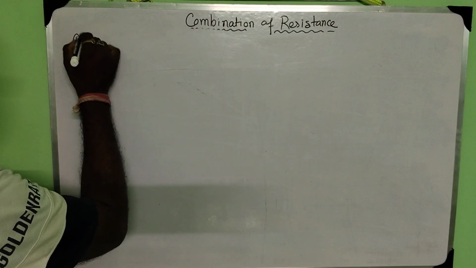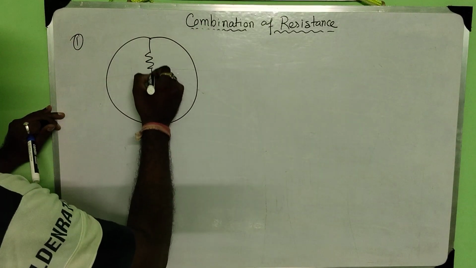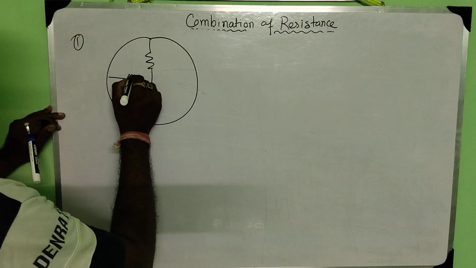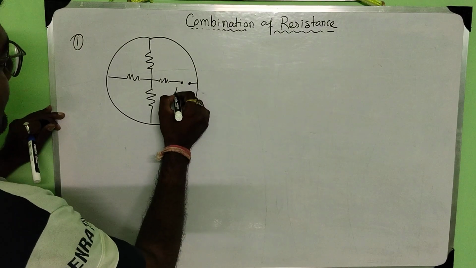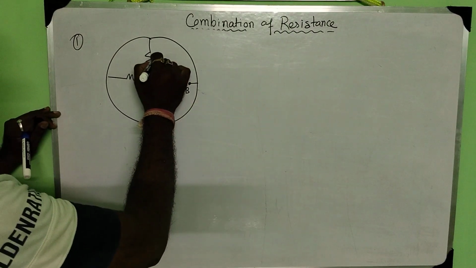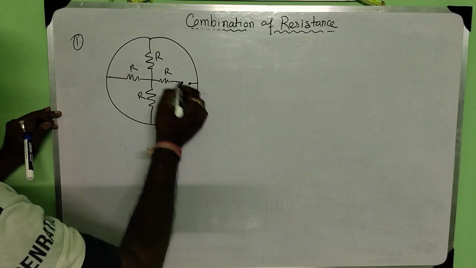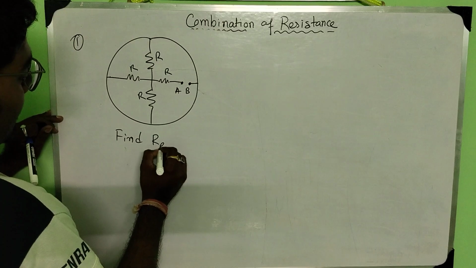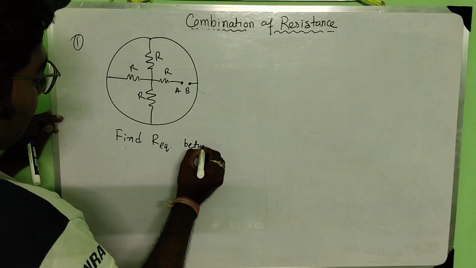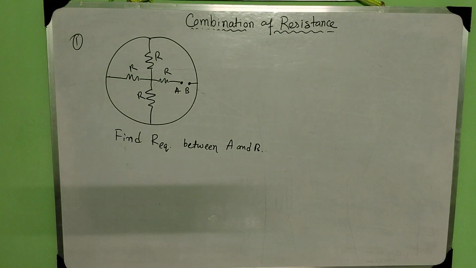Number 1: find Req between A and B. Do this circuit.